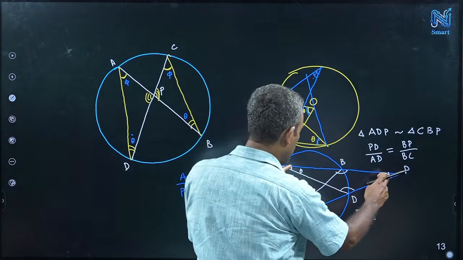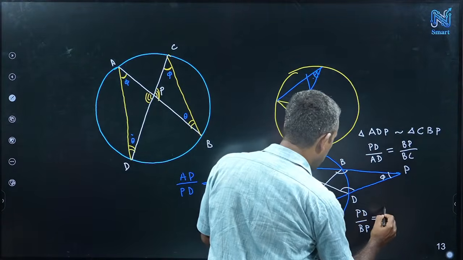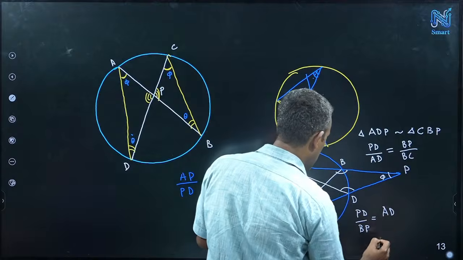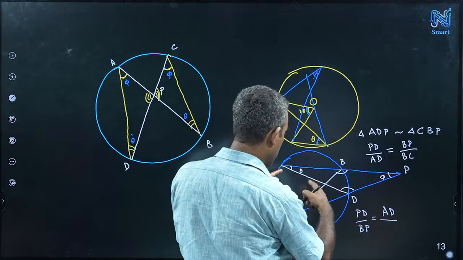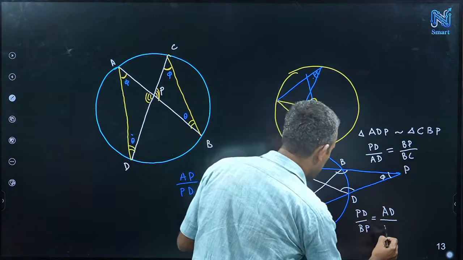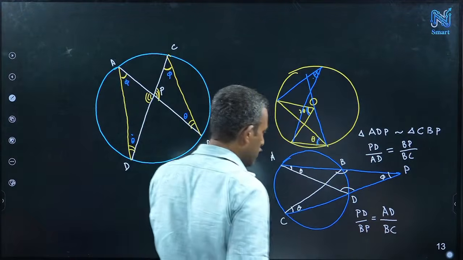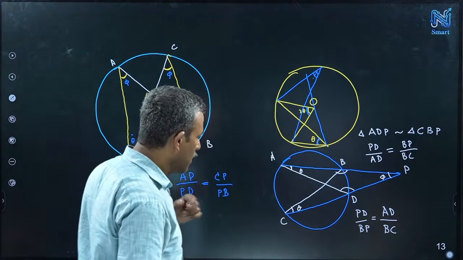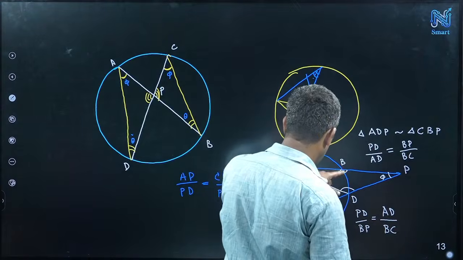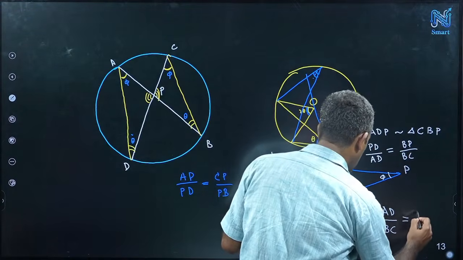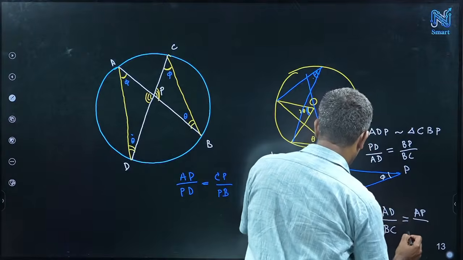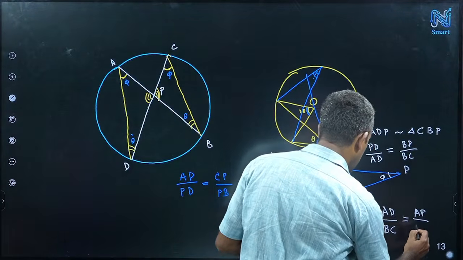Opposite to phi is AD and opposite to phi is BC, right? And the last thing, opposite to this is AP and opposite this angle is CP.